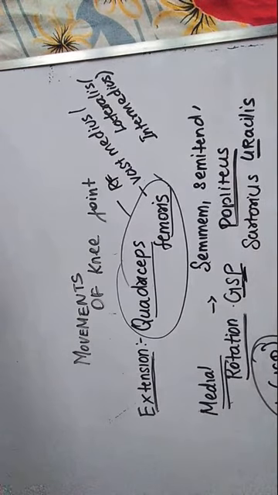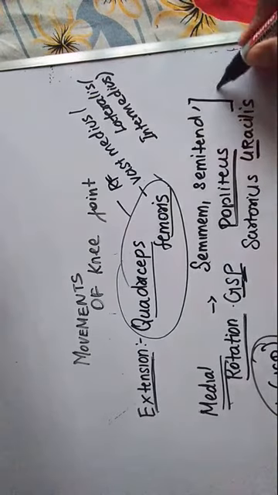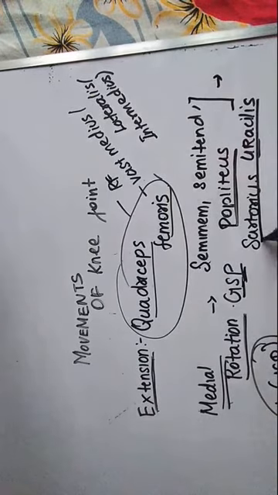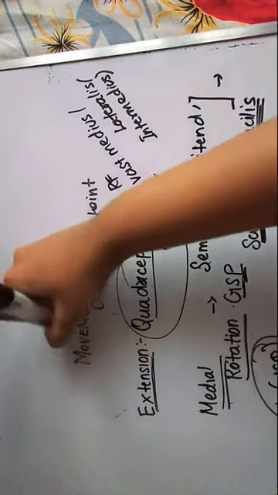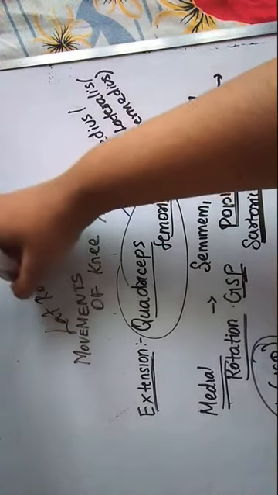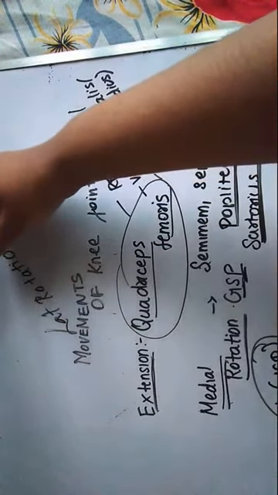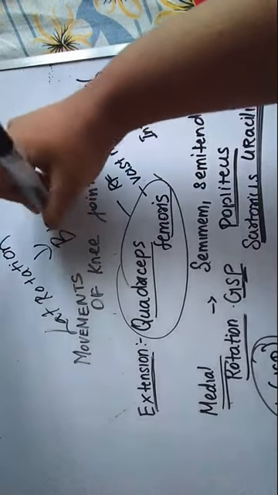This movement is chiefly done by 3 muscles, and the other 2 muscles assist this movement to take place. Lateral rotation is very important and very easy: it is the biceps femoris muscle that is helpful in lateral rotation. It is the prime mover also. Lateral rotation, biceps femoris muscle.